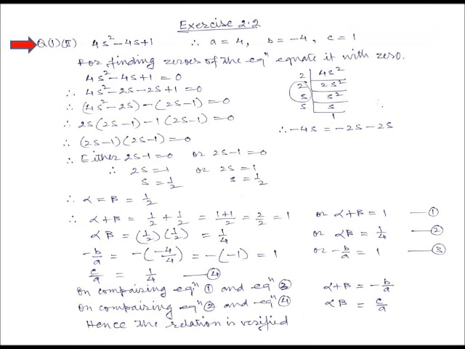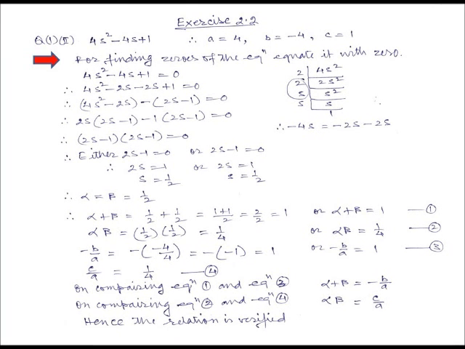The equation is 4s square minus 4s plus 1. Therefore, a will be equal to 4, b equal to minus 4 and c equal to 1. For finding zeros of the equation, equate it with 0. Therefore, 4s square minus 4s plus 1 is equal to 0.